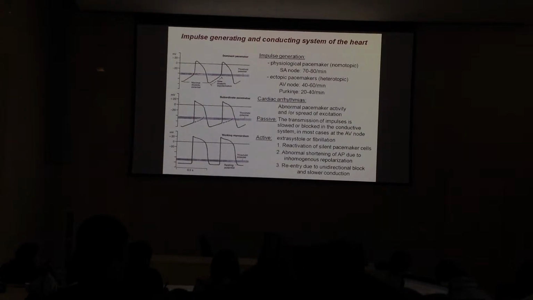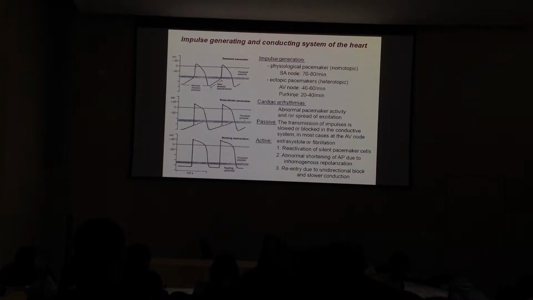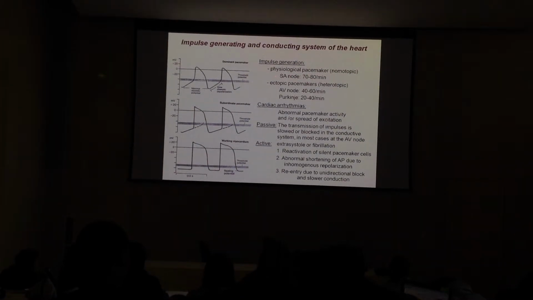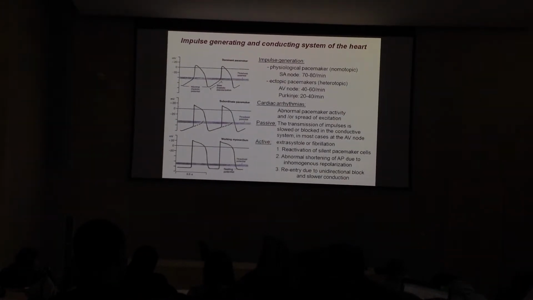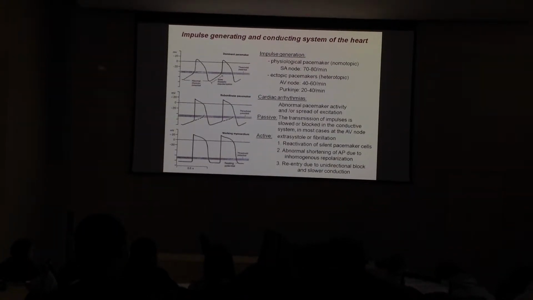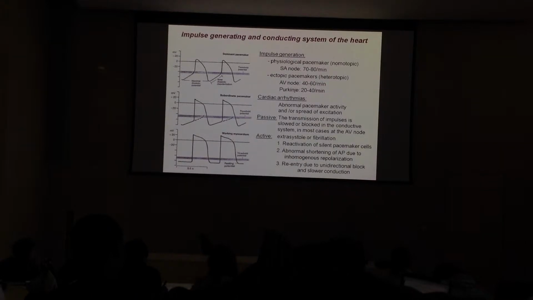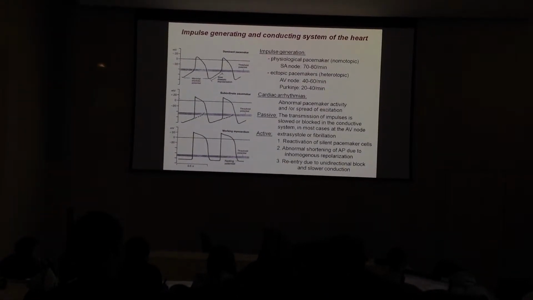Therefore, we can say that the SA node is the primary pacemaker, the AV node is a secondary pacemaker, and the Purkinje fibers have pacemaker cells which belong to the third pacemaker center.